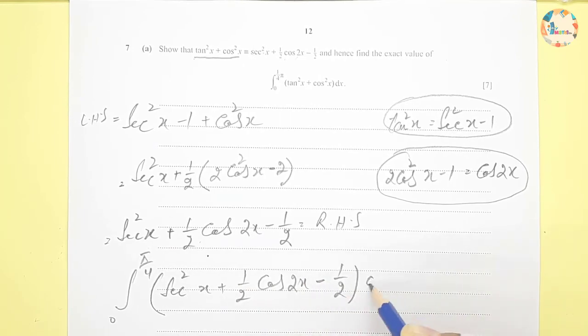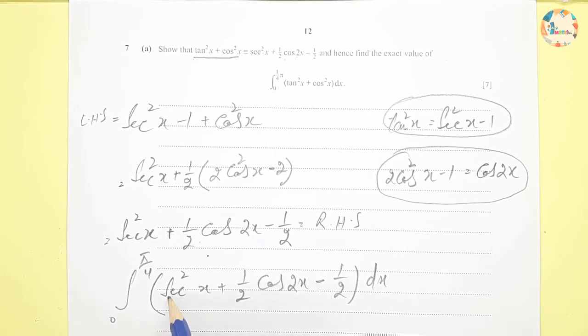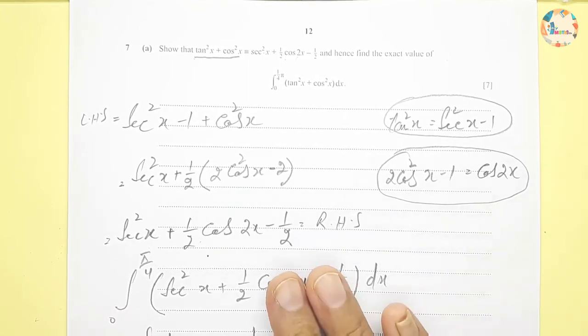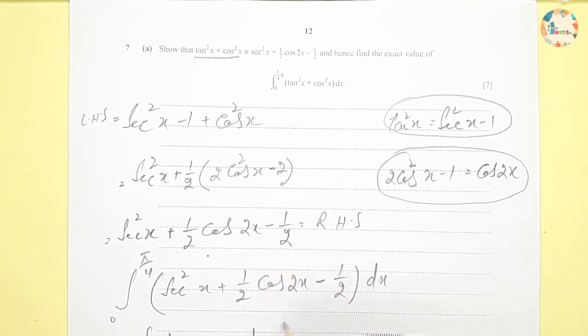The integral of secant square x is tan x, plus 1 by 4 sine 2x, because the integral of cos x is sine x, and sine 2x over 2, so the 2 is adjusted over here.